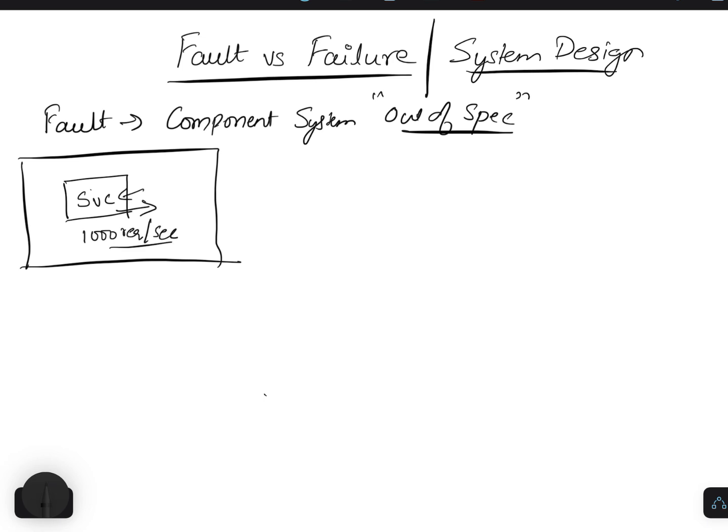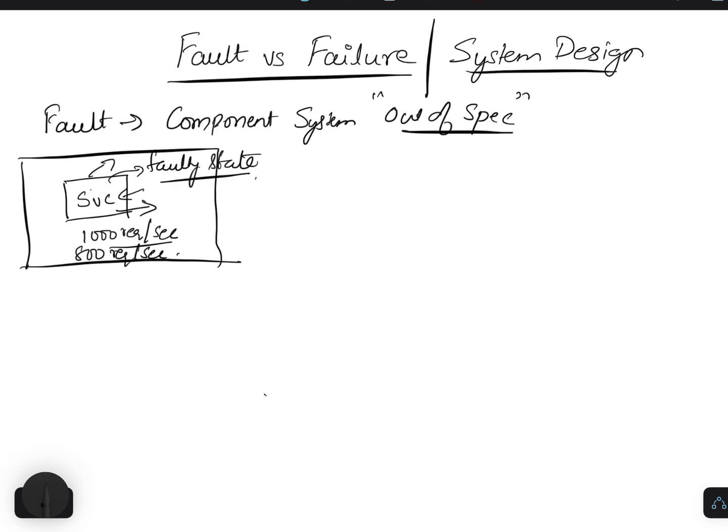If after some days of operation the throughput drops down to say 800 requests per second, then we can say that this service has gone out of its spec. In that case, we can technically say that this service is in a faulty state.